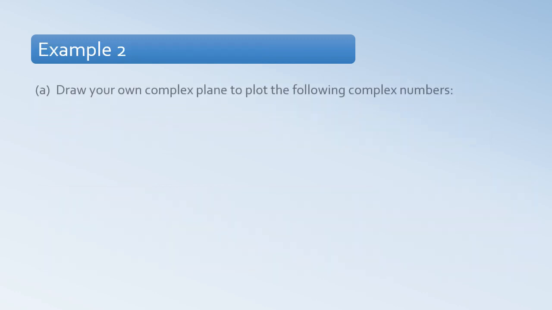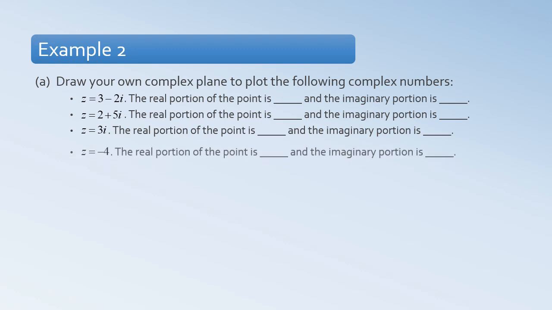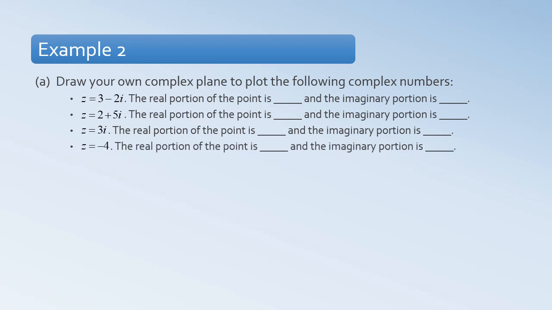Example 2. Draw your own complex plane to plot the following complex numbers. Before I draw that complex plane, let me just identify parts of these complex numbers. In z equals 3 minus 2i, the real portion is the number that doesn't have an i on it, so that would be 3. And the imaginary portion is the part that does have an i on it, so that would be -2.